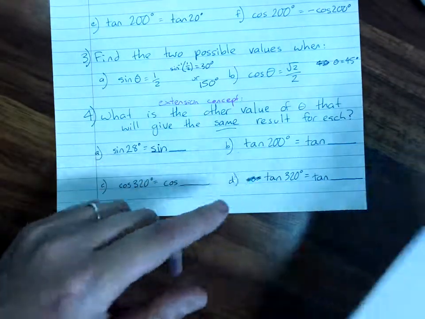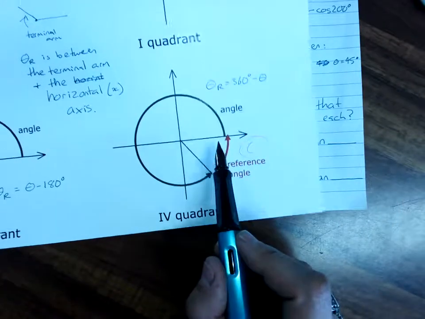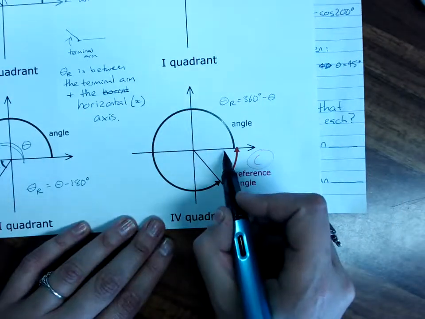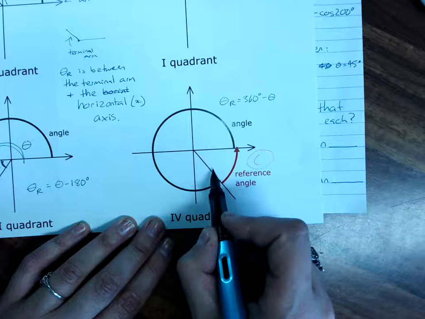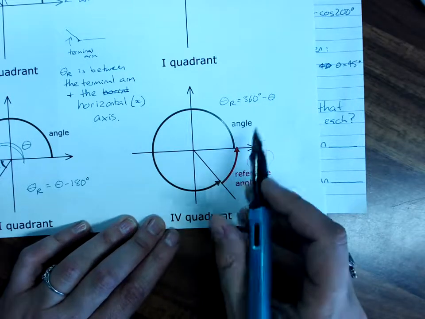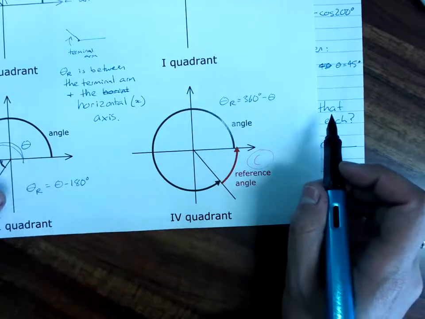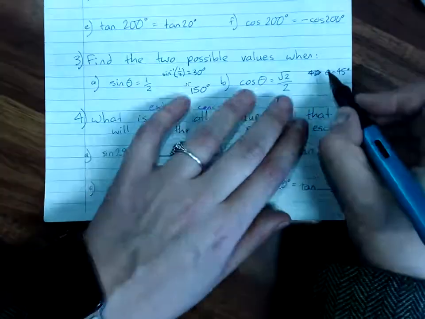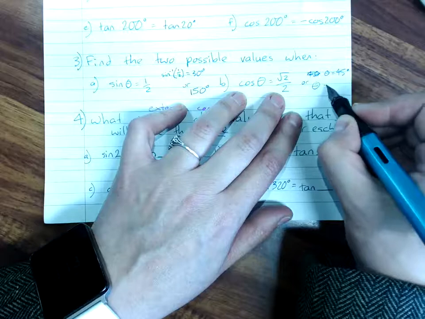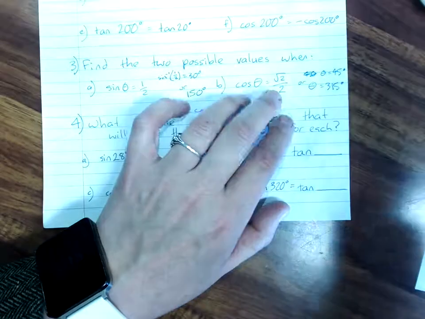Cos of the angle has to be positive, which means we're going to be down here, which says 45 degrees back in there will give me the same answer. So 360 minus 45 says that theta could be 315 degrees.